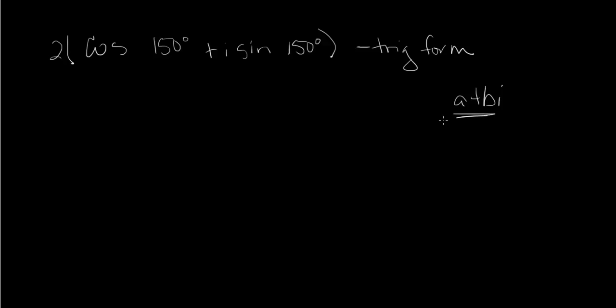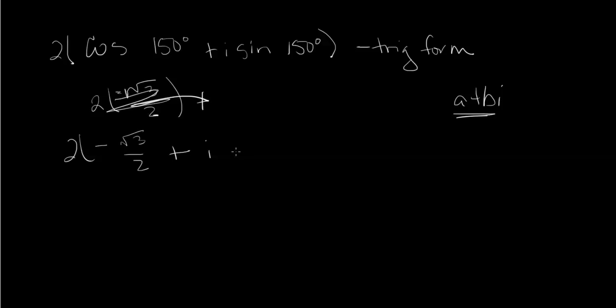Well, I have 2 times cosine of 150. Well, cosine of 150 is negative square root of 3 over 2. So I have 2 times cosine of 150 is negative square root of 3 over 2 plus i sine of 150 is 1/2.